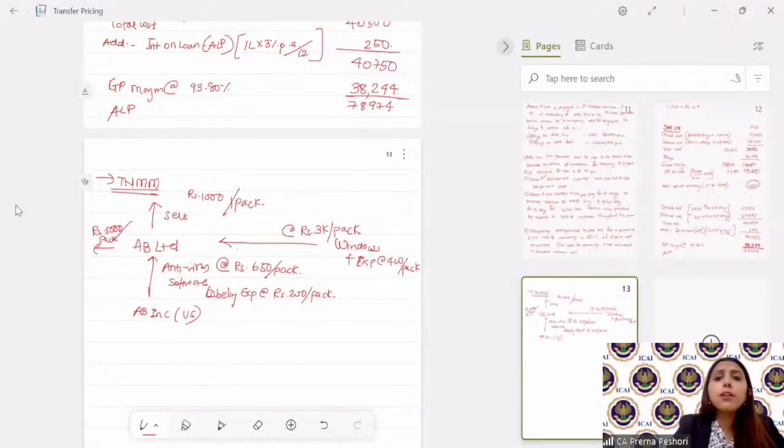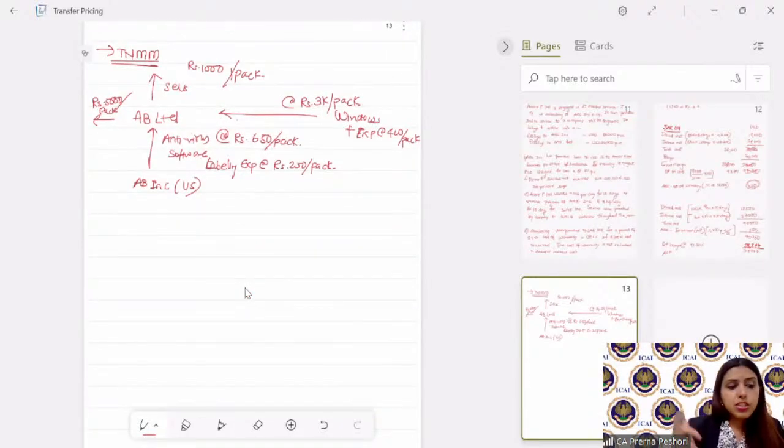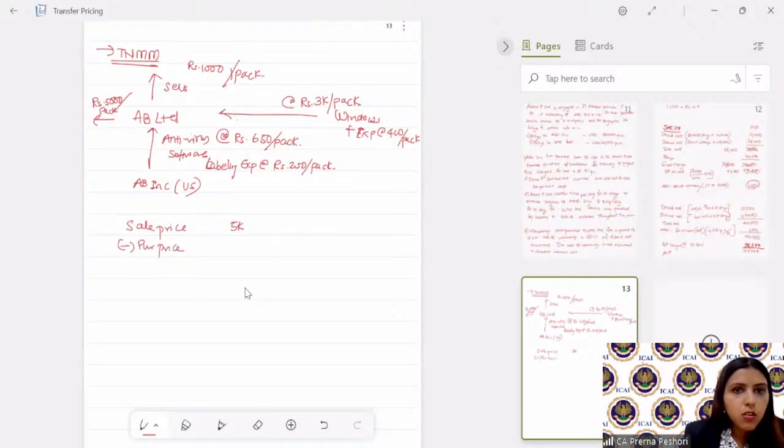But say, for example, the data is not available about the gross margins of the comparable company, or we are not able to make the adjustment. So what we'll do is adopt the TNMM method. Under TNMM, same thing, we take the sale price of Windows, which is 5K, less purchase price 3K, less expense of 400.